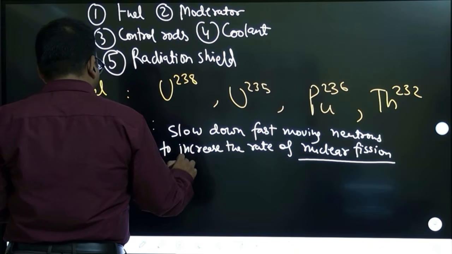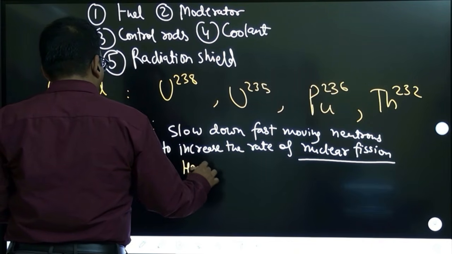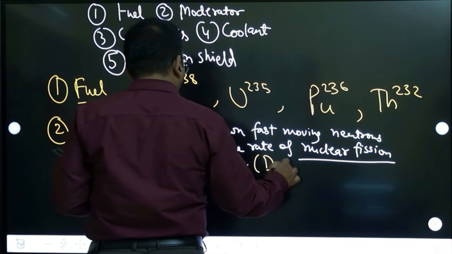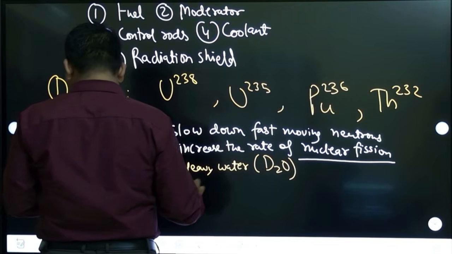For example, here we are already telling heavy water. What is heavy water? That is D2O. Second, graphite.